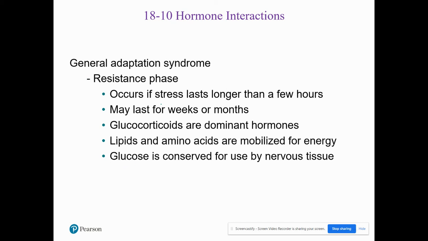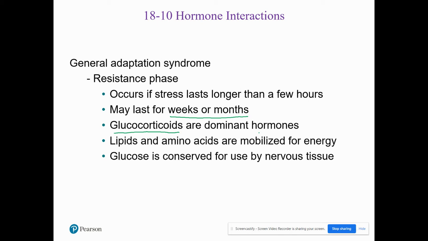Correct. So resistance. This is occurring as stress lasts longer than a few hours. It can be weeks or months. And all that time, the glucocorticosteroids are beating up your brain, and they are the dominant hormones. These are the stress hormones or distress hormones that can cause short-term memory loss.